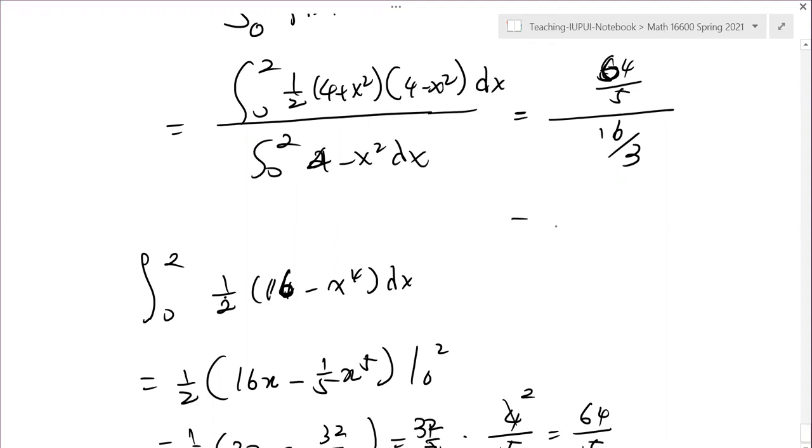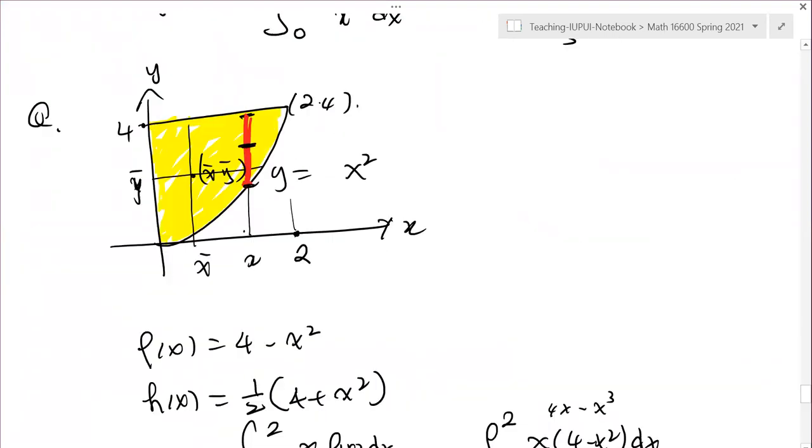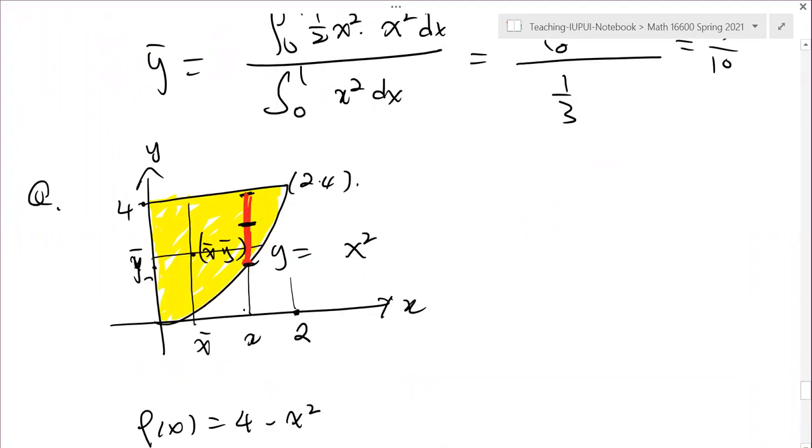Now after you simplify, 64 is 4 times 16, so 64 over 5 times 3 over 16 is 12 over 5. 12 over 5 is greater than 2, I think it's reasonable, because looking at the picture, the total is 4, that's 2, so it's somewhere here.